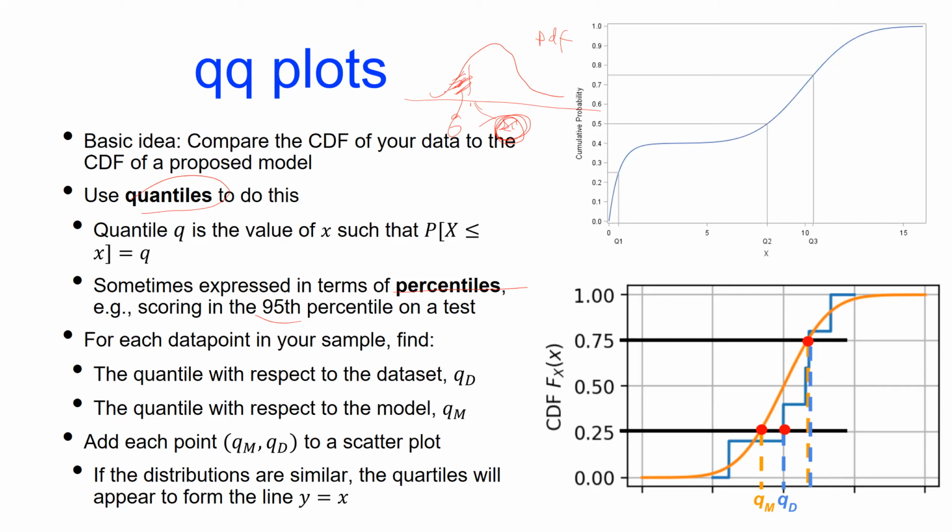If you have 10 points, the first one will be 0.1. That 0.1 is a value in your CDF, right? When you see the first point, which is the smallest in your data, that corresponds to 0.1 probability.